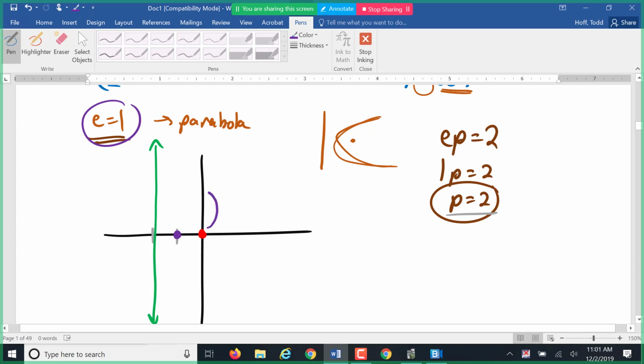If I go up this way, the distance up from the focus has to be the same as the distance from the directrix. Knowing that the directrix is 2 units away means that from the focus we have to be 2 units away. Same down here. From the focus we have to be 2 units away. And there is our basic parabola.